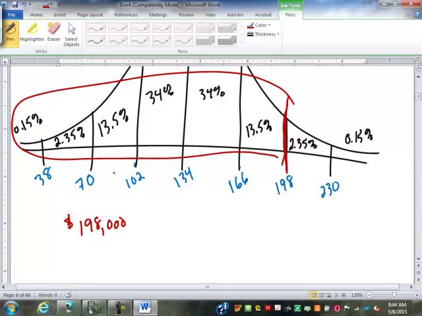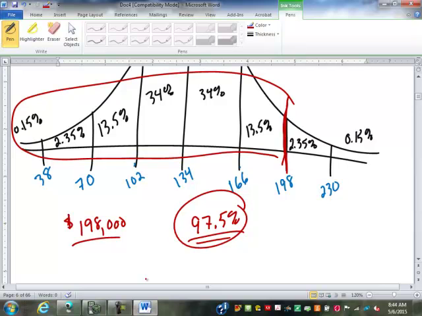Well, if we add up those numbers there, we find that 97.5% of all 3-bedroom, 2-bathroom houses in this area have sold for less than $198,000. So what that's telling me is there's a good chance I can find a house that fits my needs that is cheaper than $198,000. Does that make sense? Okay. We could go a step further with this into something called normal probability.